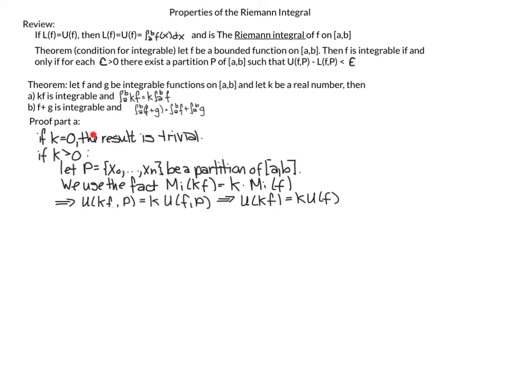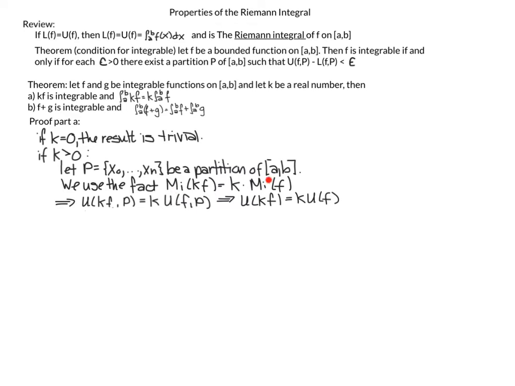Next, we will consider k greater than 0. We will look at a partition, and we will use the fact that if we're looking for the supremum of k times a function, we can look for the supremum of the function and multiply by k later, so we can pull the k out. That will affect our upper sum: when we sum up all these supremums, we can also just pull out the k.